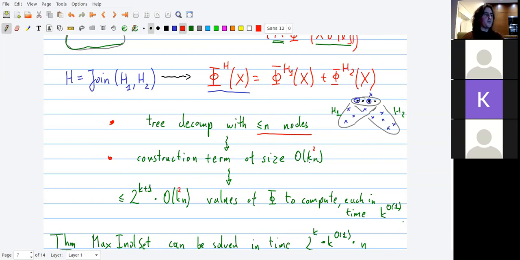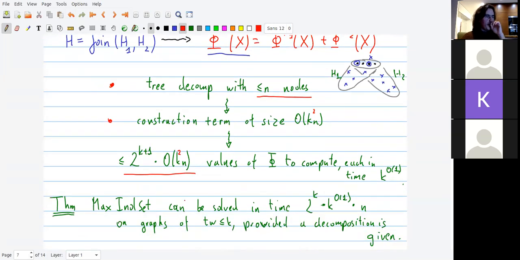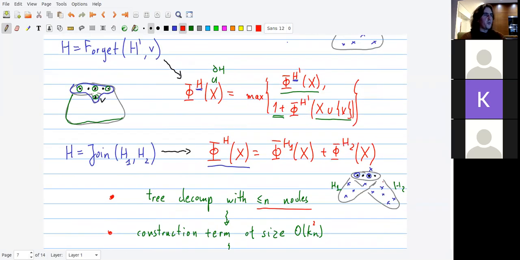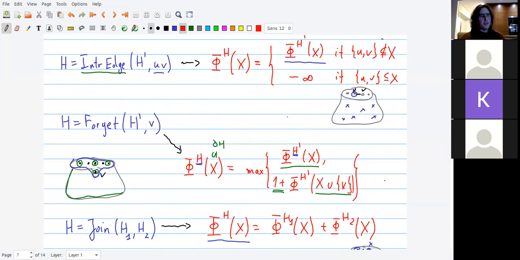So I've got this many values, 2 to the k plus 1 times this times k squared times n values of this function phi that I would like to compute in a bottom-up way. And whenever I'm computing the next value, I can compute it in time polynomial in k. Well, actually, when you look at those formulas here, they usually involve just one or two other values.